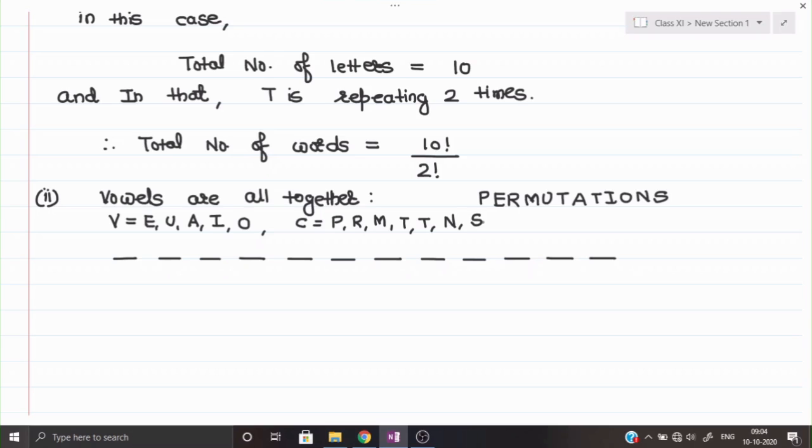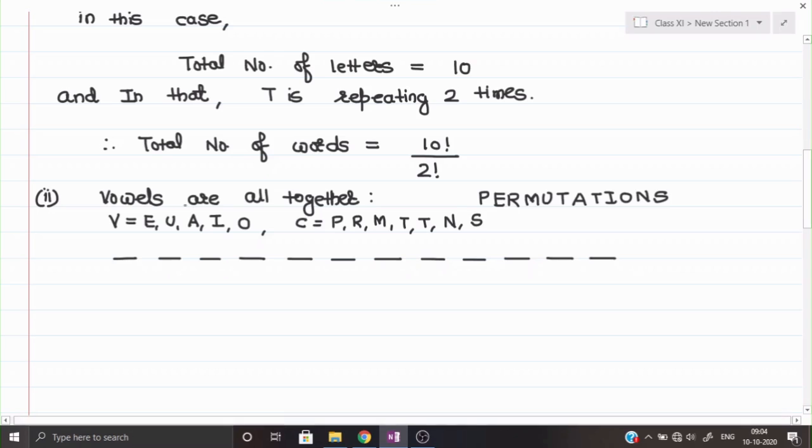Now link this part with the previous question where all the I's were coming together. So here our job is to find out, in the same way, the number of words where all the vowels are coming together.